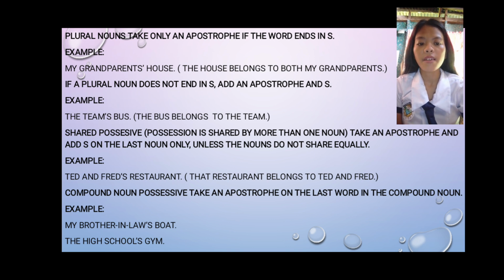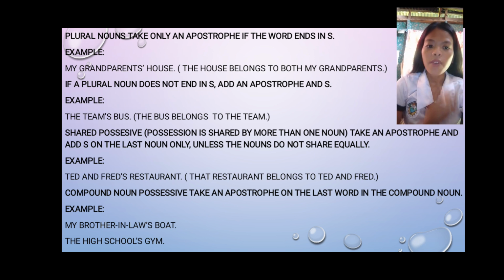Shared possessive. Possession shared by more than one noun takes an apostrophe and S on the last noun only, unless the nouns do not share equally. For example, Ted and Fred's restaurant. That restaurant belongs to Ted and Fred.